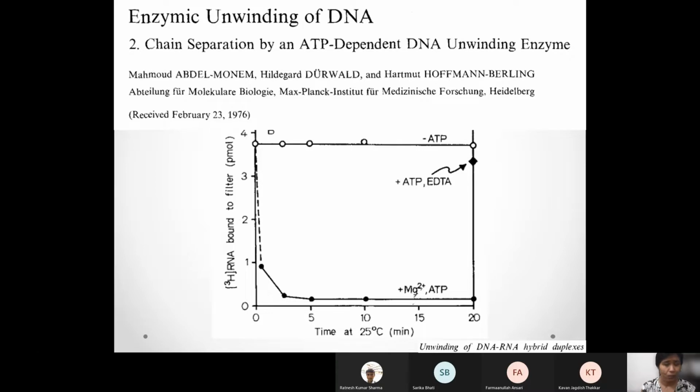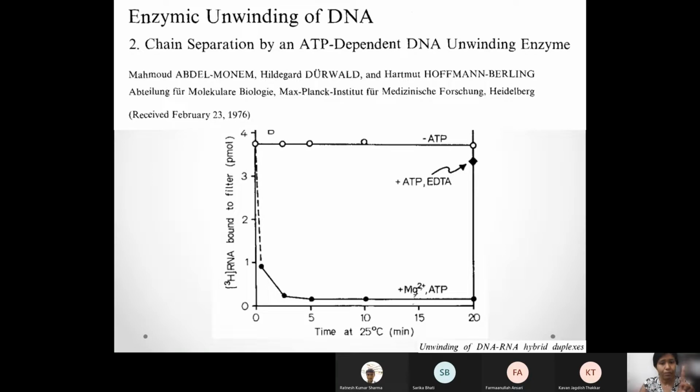For details, you could have a look at this paper. What is essentially shown here is that they take this DNA-RNA hybrid and add the fraction of protein which they believe has an activity to separate DNA-RNA hybrids. They see that as time proceeds, the RNA gets detached from the DNA, so you see a decrease in the concentration of the DNA-RNA hybrid.